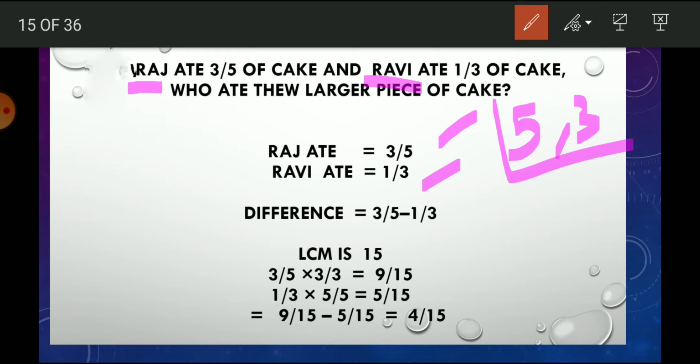So here the LCM is 15. The next step is to change the denominator to 15. So 3 by 5 into 3 by 3, that is 9 by 15. If you want to change the denominator 3 to 15, we should multiply 3 and 5. So 5 by 15. After that 9 by 15 minus 5 by 15. So we get 4 by 15.